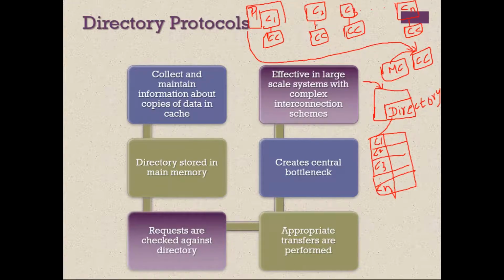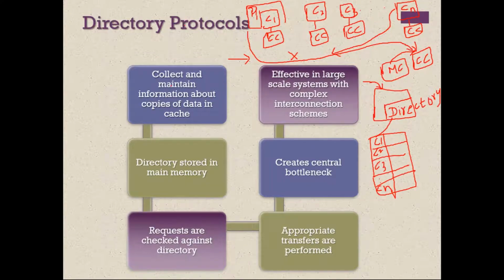Otherwise, one of the caches will respond, because this request is coming through the system bus. The processor requests data X, but if that data is available in another cache, that processor will respond, saying I have this data, and give the data. This is the read operation in directory protocols.